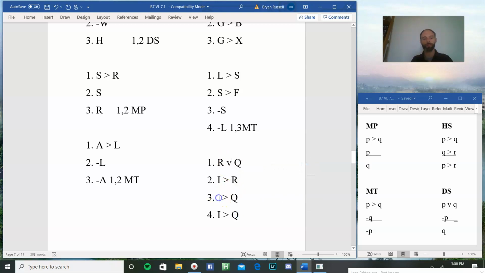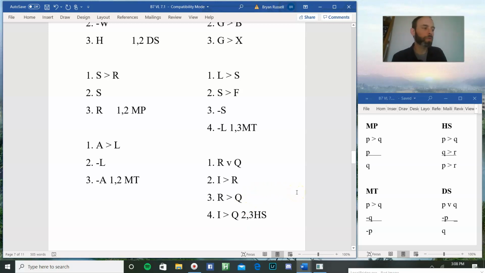We'll need it to also be the antecedent of another horseshoe here. So then we can cross cancel the R's, and we'll be left with I horseshoe Q, and we have that right down here. So that will be 2, 3, HS. And that's how we got there.